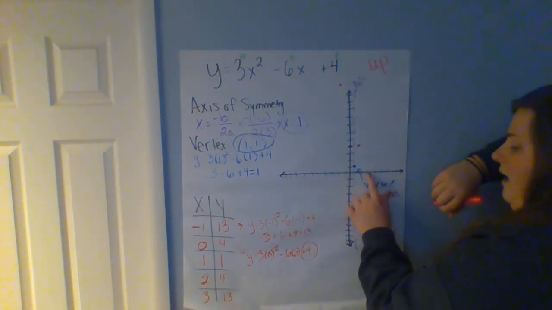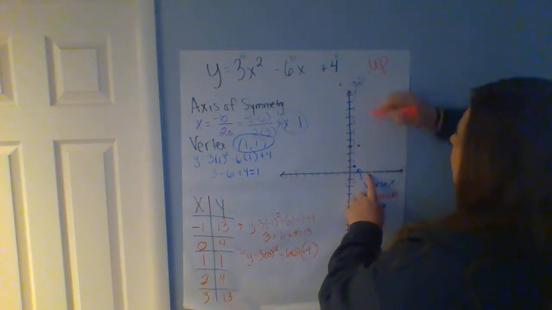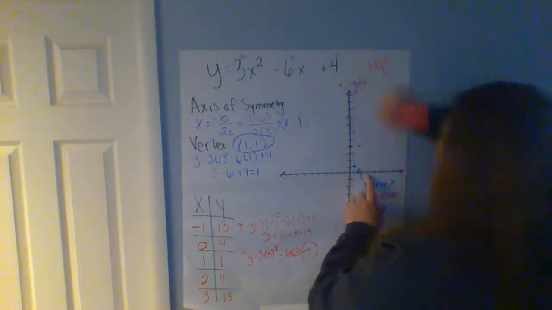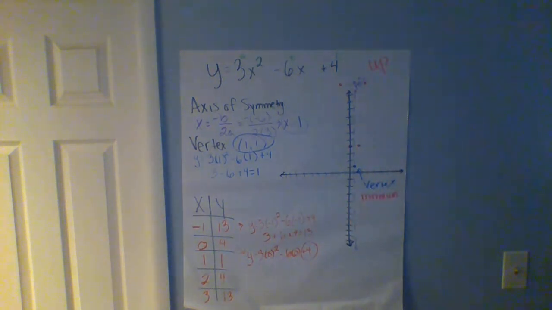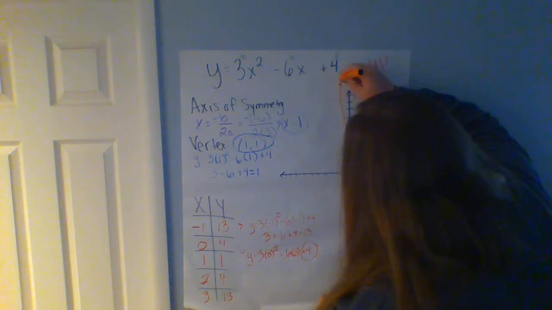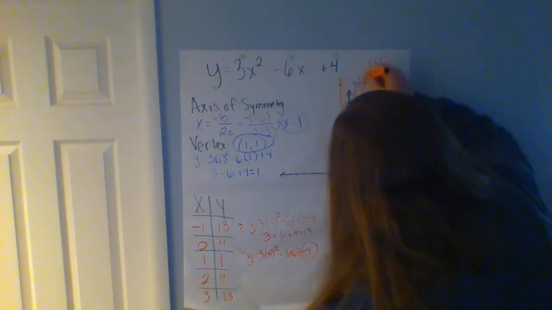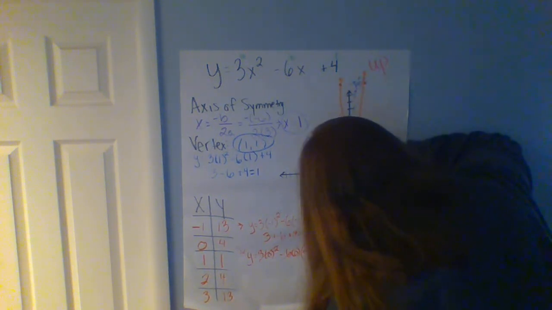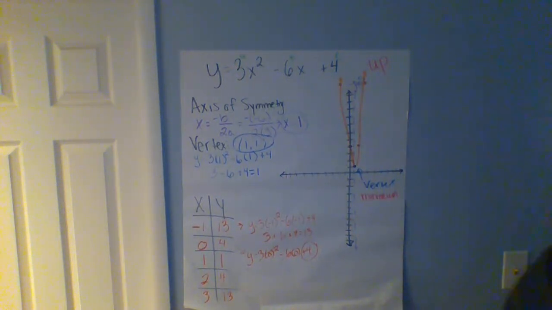And then we also have 3, 13. So that comes all the way up there. And then our last step is to just draw in our parabola. And that's it.